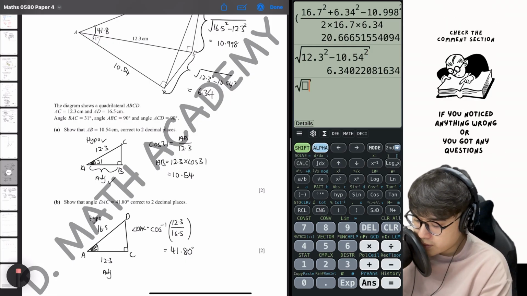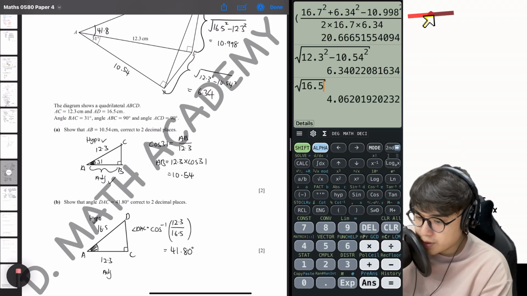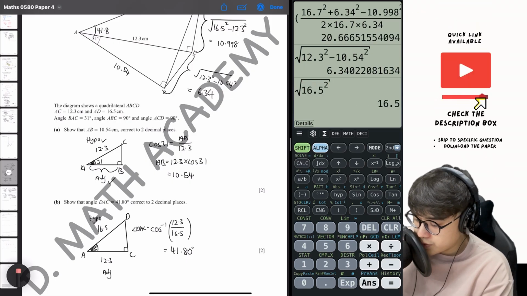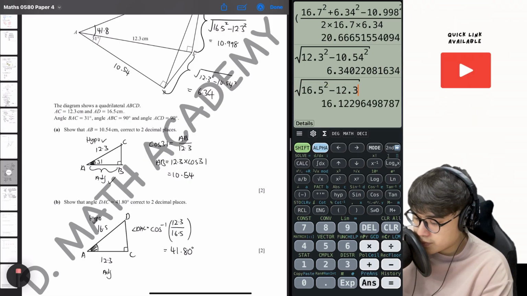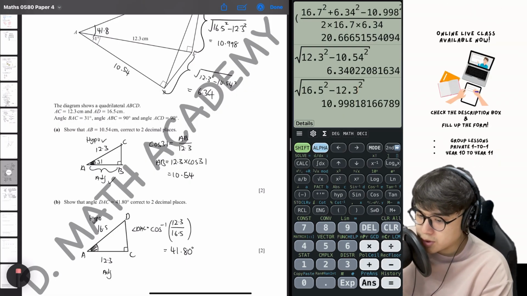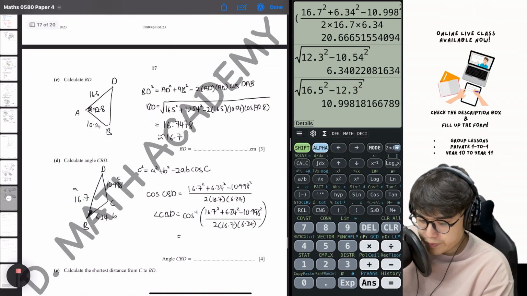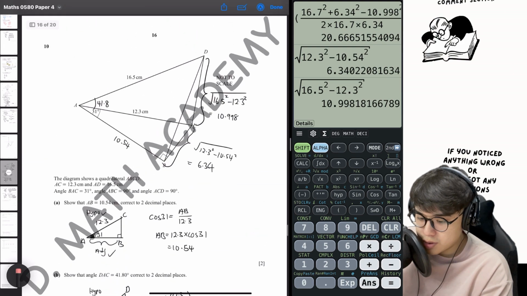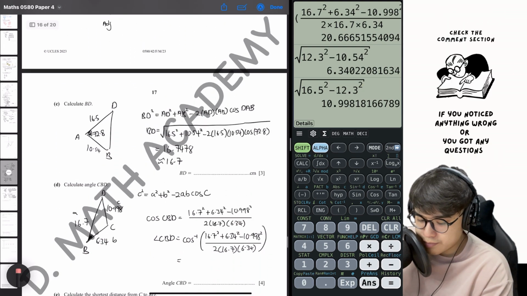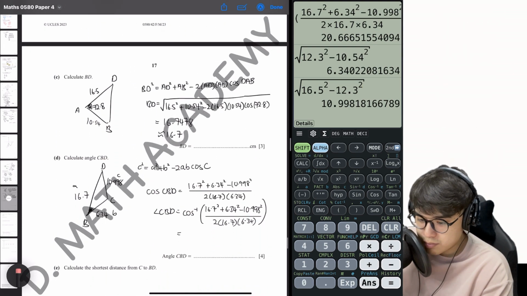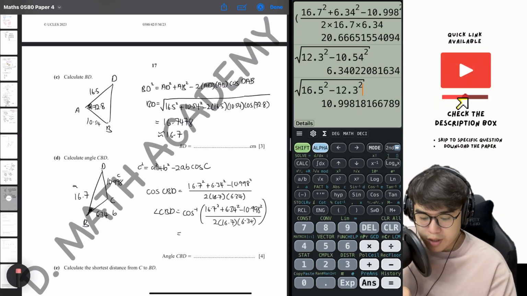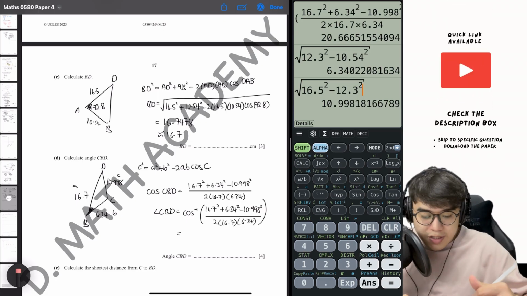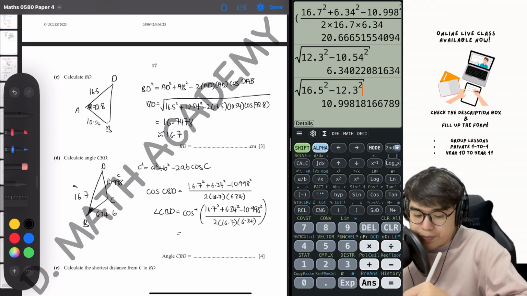Then the other value is 16.5 square minus 12.3 square. It's correct as well. So with these three pieces of information, yeah, should be correct.